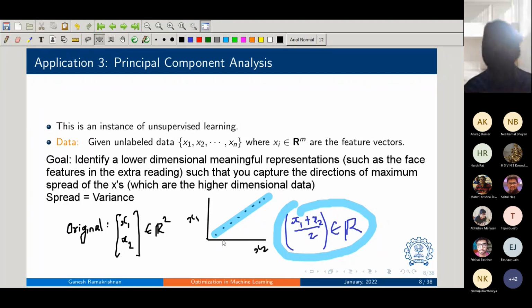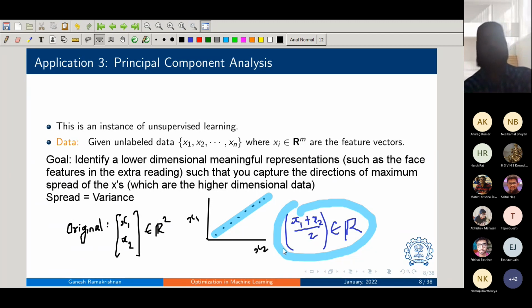Well, it's good if you have data of this form, right? If the data is spread like this, then in fact the direction of maximum variance is x1 plus x2 by 2, this direction. So this makes sense. But you want to pose an optimization problem such that given such data, x1 plus x2 by 2 turns out to be the solution. How do you do that?